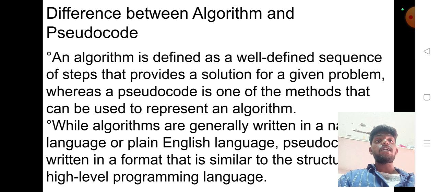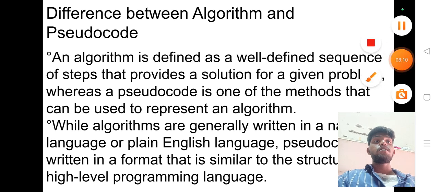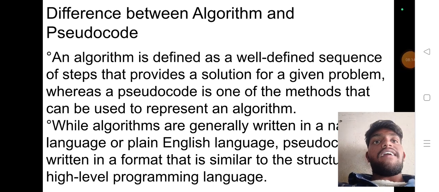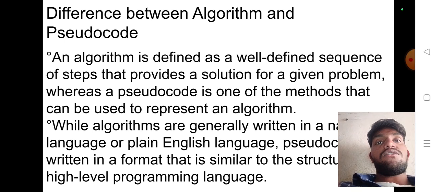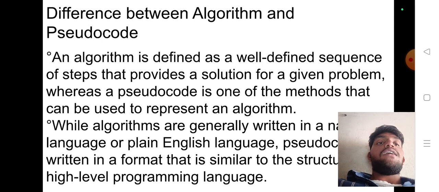Difference between algorithm and pseudocode. An algorithm is defined as a well-defined sequence of steps that provides a solution for a given problem, whereas pseudocode is one of the methods that can be used to represent an algorithm.